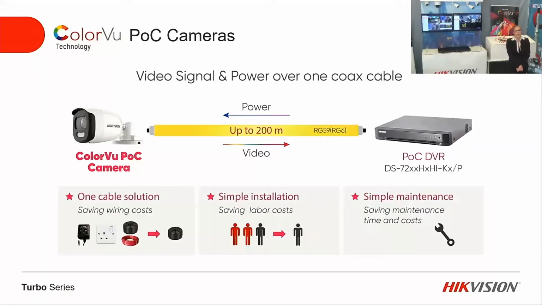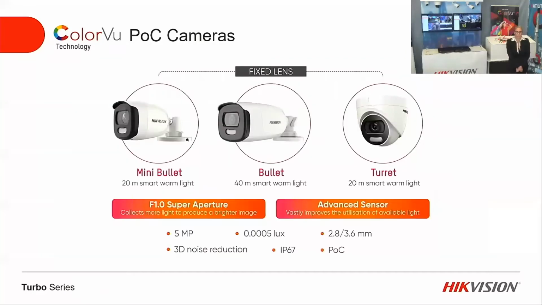And also no need to put any mains power supplies by the recorder and have two cores going to each camera. By doing this, it's giving you a much simpler installation and it will save you on labour costs. So it's a much quicker install. And the great thing is there's less points to maintain on that system. Okay, so all of this is saving you time and money.